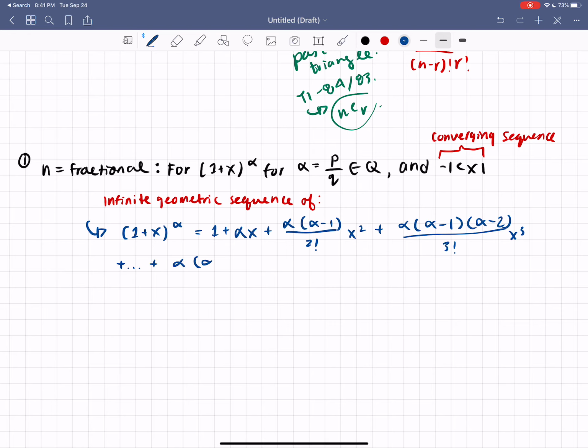We do alpha, alpha minus 1, alpha minus 2, alpha minus 3, all the way to alpha minus r plus 1, all over r factorial, times x to the r, and so on.